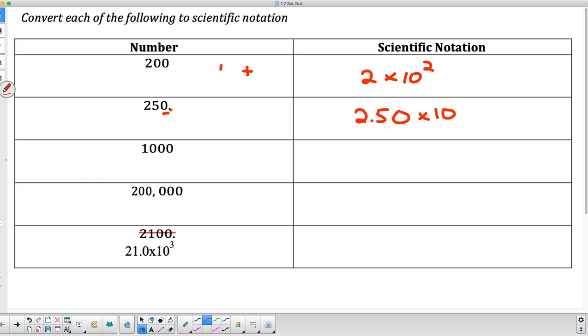And then it's times 10 to the 2, and it's 2 again because I jumped two places, 1, 2, and my number is larger than 1, so that means it's a positive exponent.